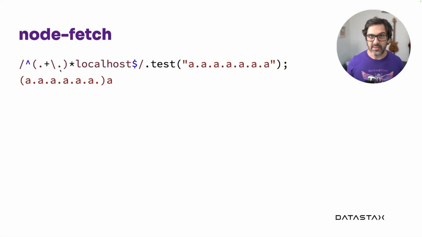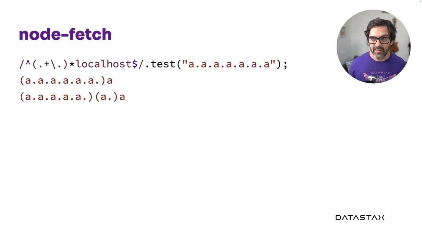With the regular expression engine, we then go, okay, that's finally not localhost. Understand that, that's fine. Okay, but the regular expression engine is not done here. This is where it backtracks, what it calls backtracking, by looking back and saying, how else could I approach this string using this pattern?